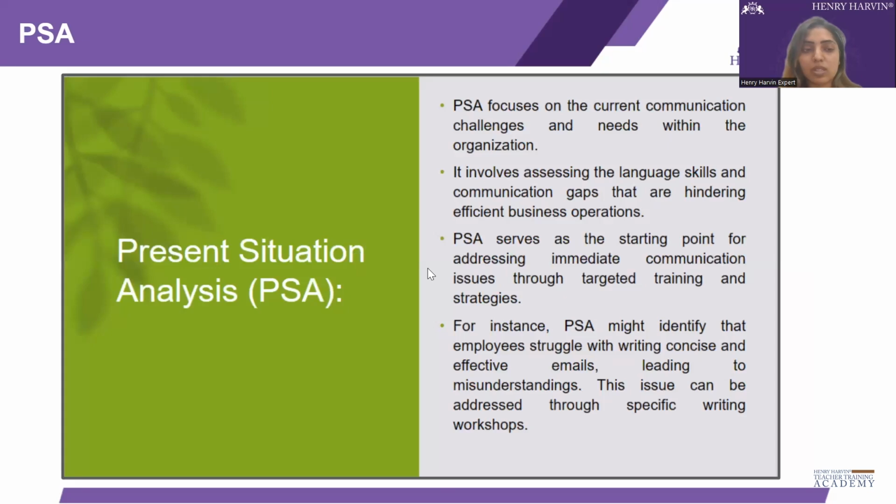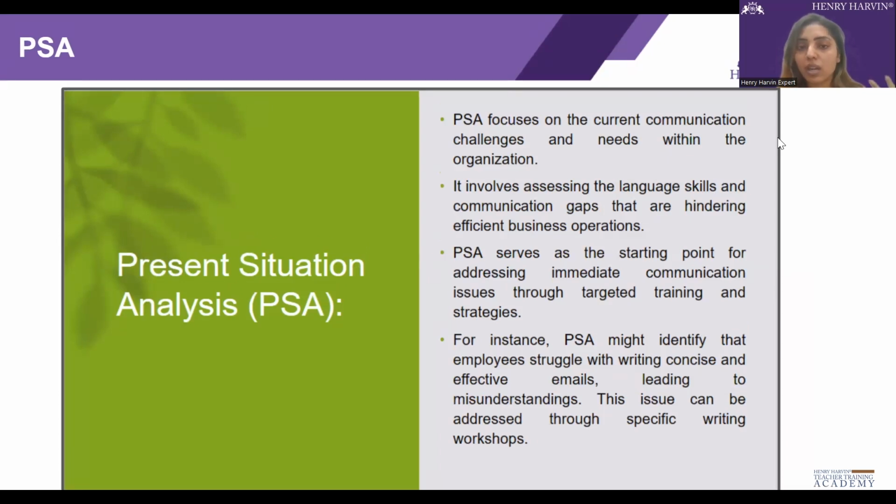All right, so this is another need analysis category, which is PSA, present situation analysis. PSA focuses on the current communication challenges and needs within the organization. It involves assessing the language skills and communication gaps that are hindering efficient business operations. Okay, for example, an employee has to write emails. That's his job category.